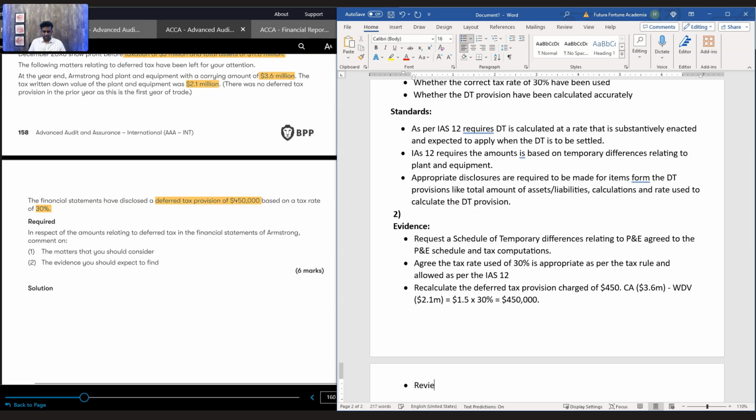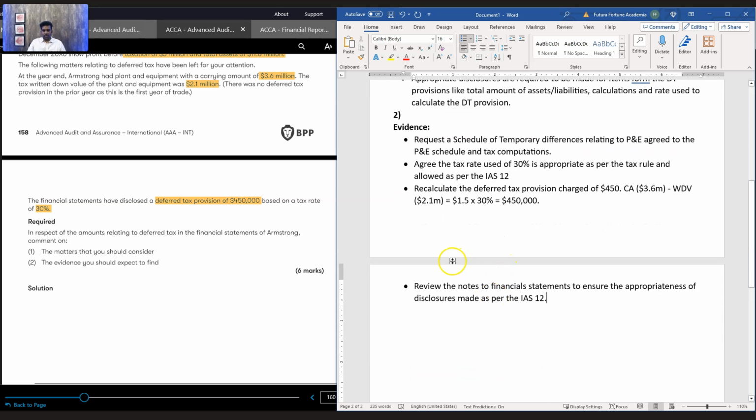Then the last one is to review the notes to the financial statements to ensure the appropriateness of disclosures made as per IAS 12.